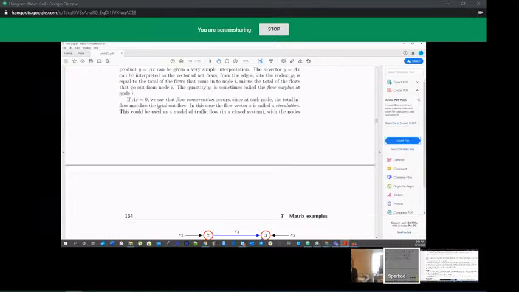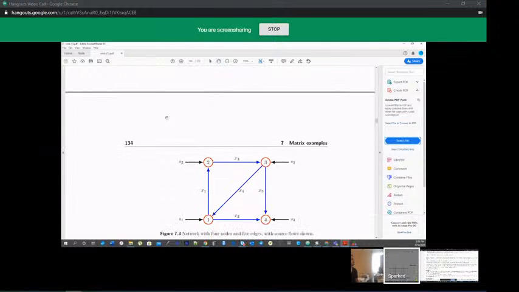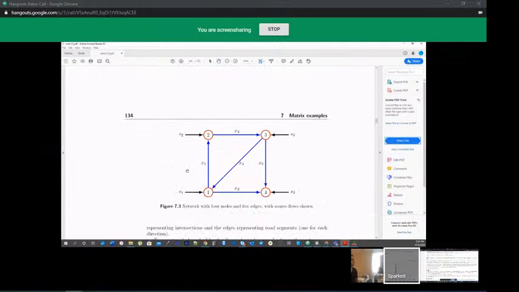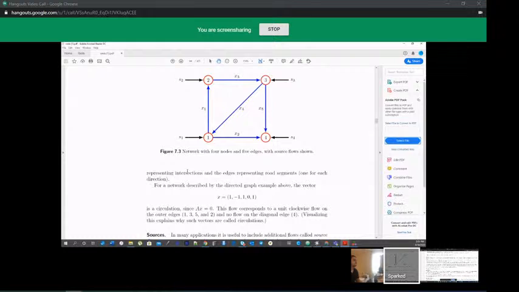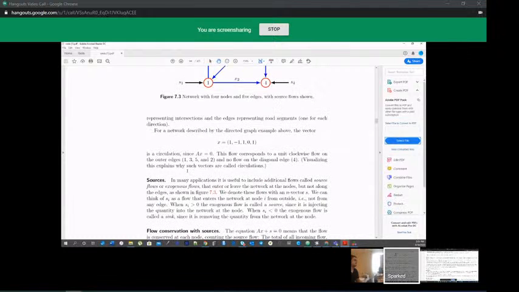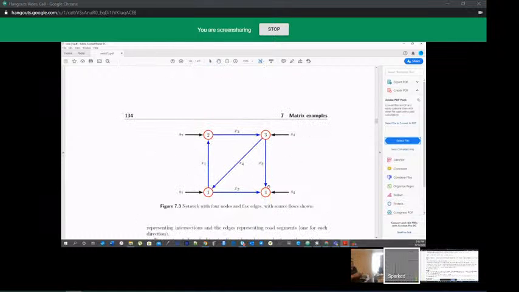If at x, we say that flow conservation occurs, since at each node the total inflow matches the total outflow. Wait, do they give a diagram of this? Is this the same network with 4 nodes and source flow shown? Is this diagram what they're talking about?